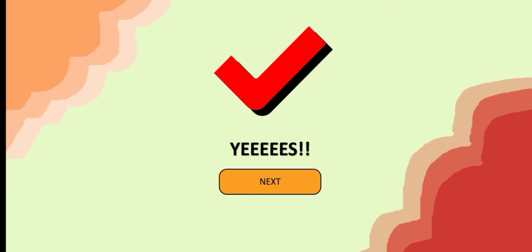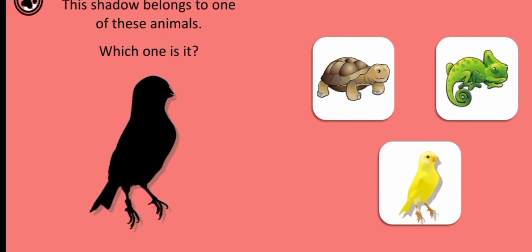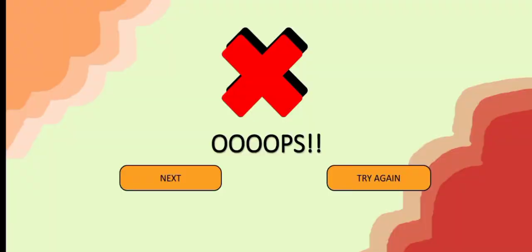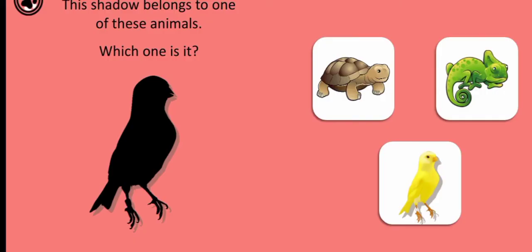They got a right answer, so they go to the next section. If they get a wrong answer, they have two options: skip it or try again.